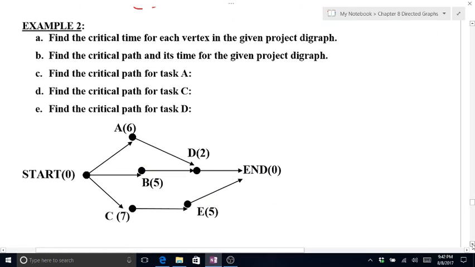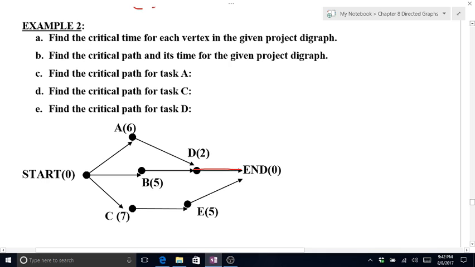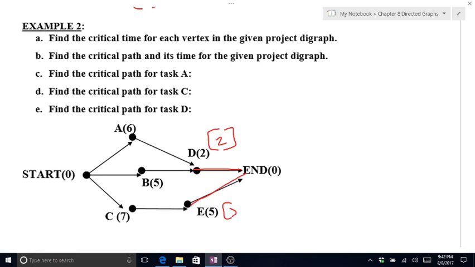Okay. Example 2. Find the critical time. Find the critical path. So we've got to go with the critical time first. Again, N goes to D, which gives D a critical time of 2. N goes to E, that gives E a critical time of 5. D branches off into A and B. So if I go from D to A, that gives A a critical time of 8, B a critical time of 7.